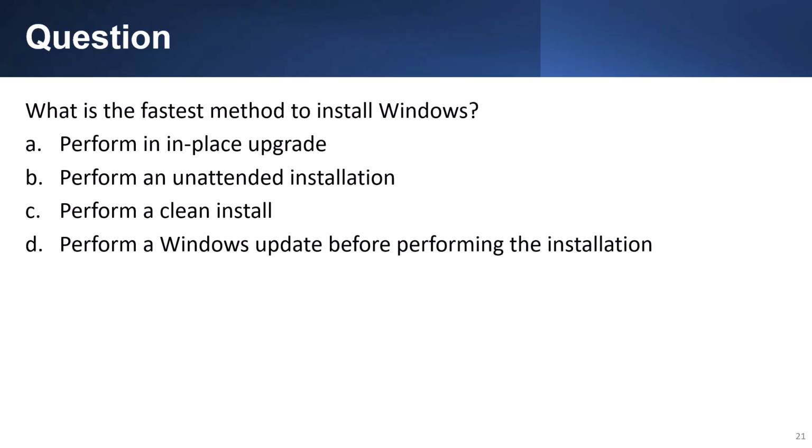Question: what is the fastest method to install Windows? Answer: perform an unattended installation, which is usually done using an answer file.